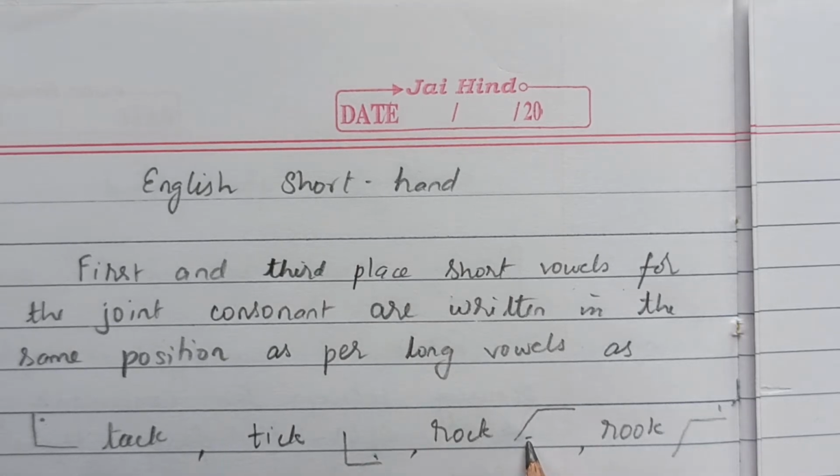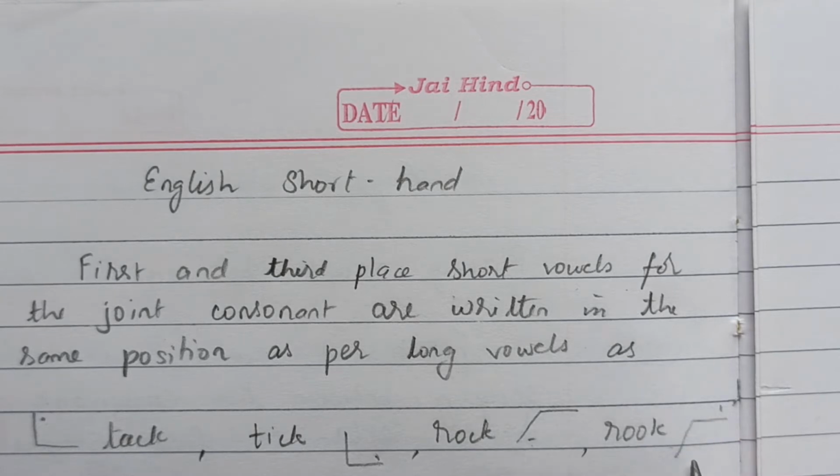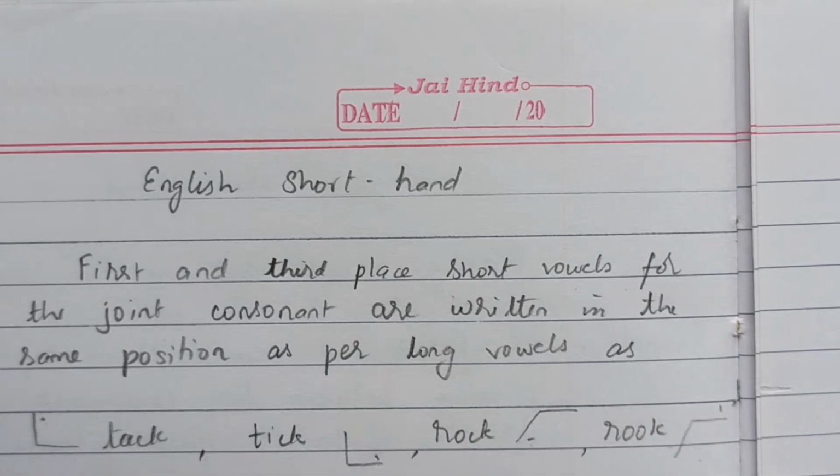Again, first place above the line and third place before the second consonant, and the consonant is written through the line, for tag and tick, rock and rook.